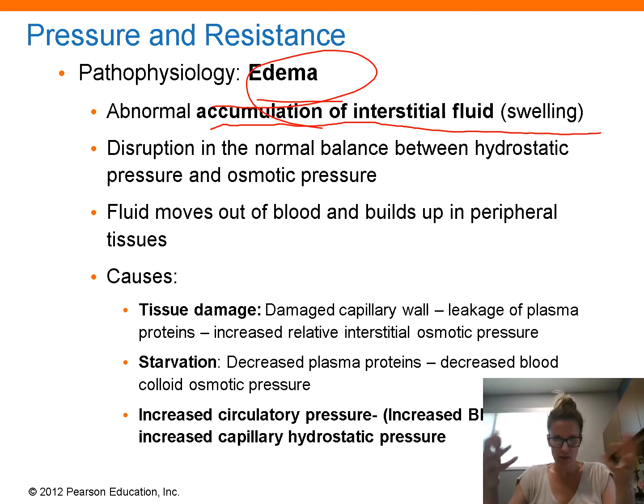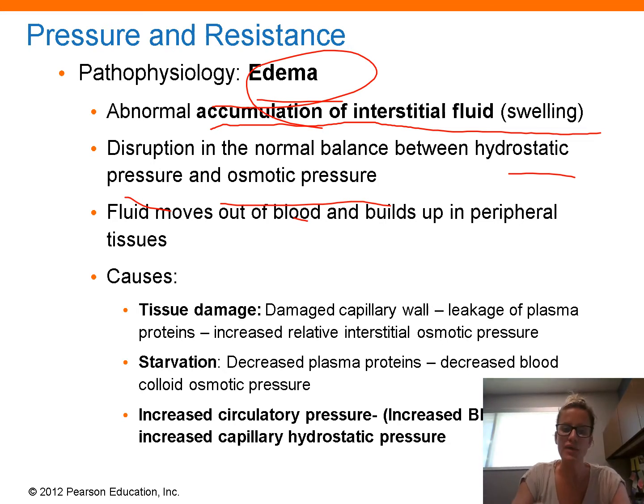Edema or swelling occurs when there's a disruption between hydrostatic pressure, which pushes out of the capillary, and osmotic pressure, which pulls back into the capillary. When we have a disruption between that balance, we end up pushing extra fluid out of the blood, more so than we normally would. There is already an imbalance between filtration and reabsorption, right?